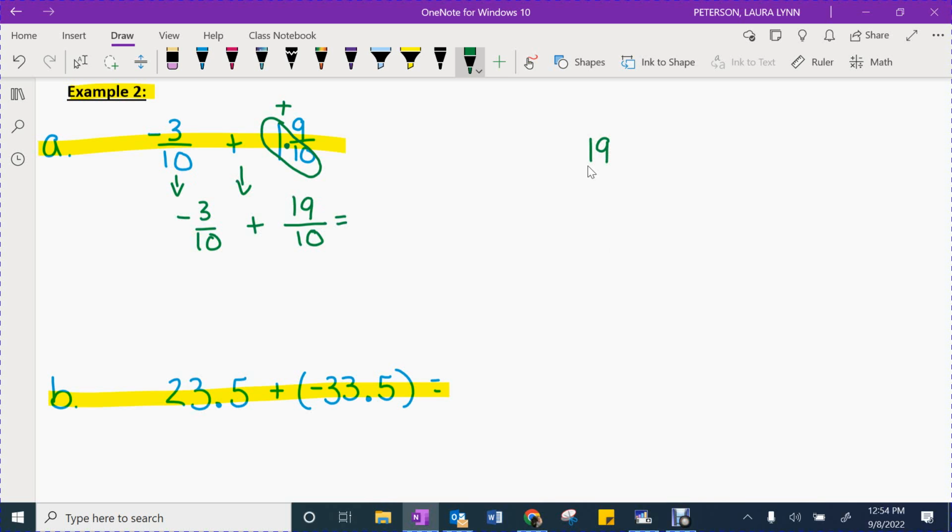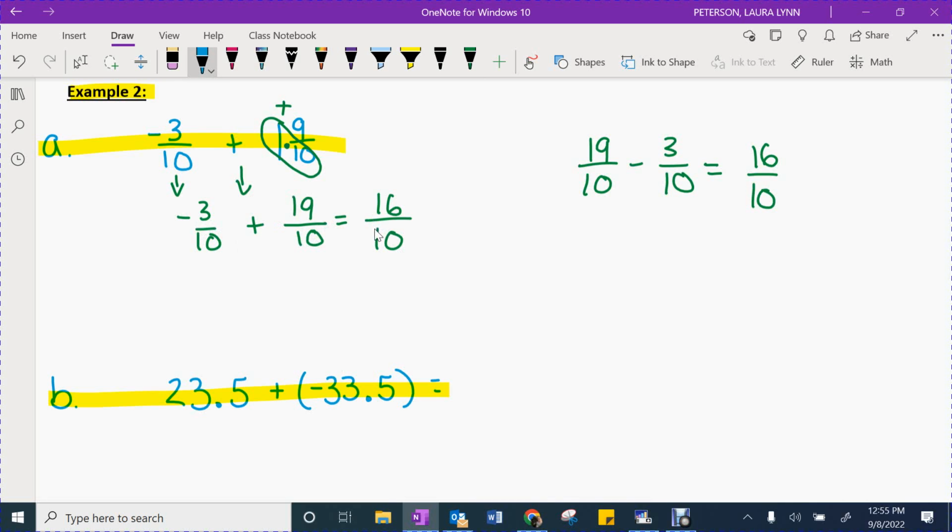So I'm actually going to do just normal subtraction of 19 over 10 minus 3 over 10. Common denominator stays the same. 19 minus 3 is 16. So I'm starting off with 16 over 10. And this is going to stay positive because 19 is bigger than 3 and 19 is positive.